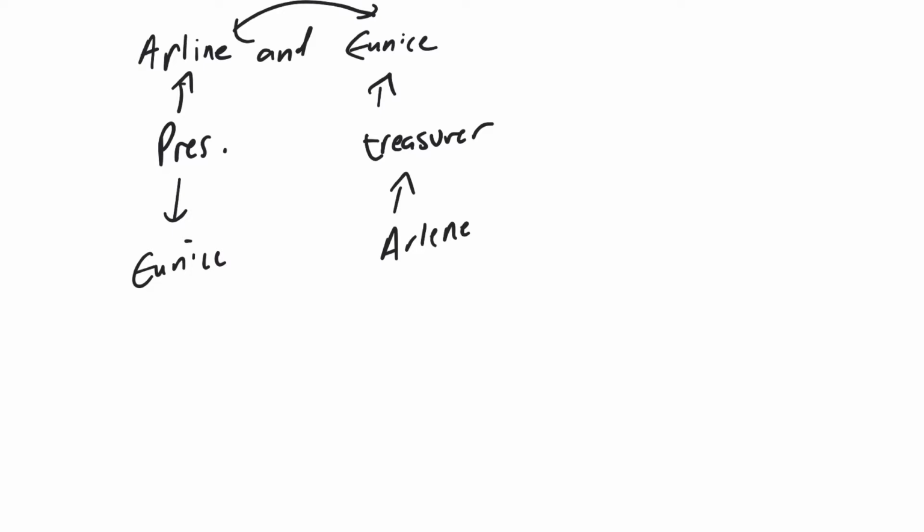And hopefully you're thinking, yes, it would be different, because in the first arrangement, Arlene would be the president, and then the second arrangement, Eunice would be the president. So since the order matters there, this is a permutation. And we would use our nPr formula.